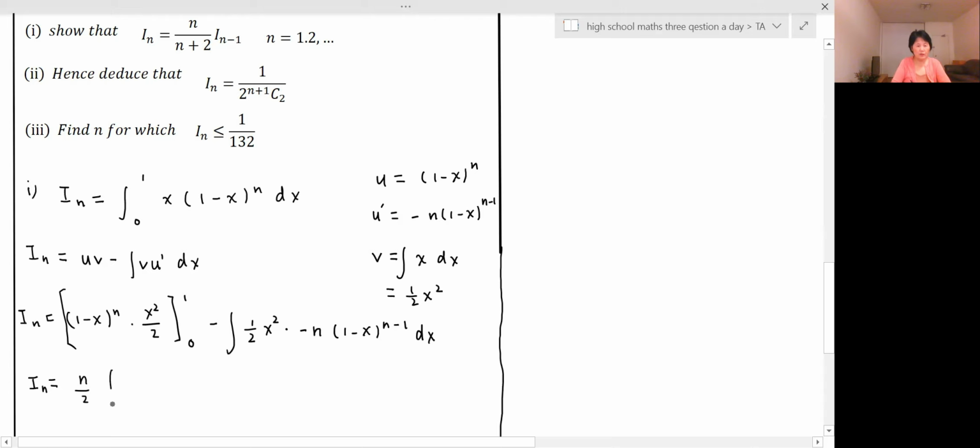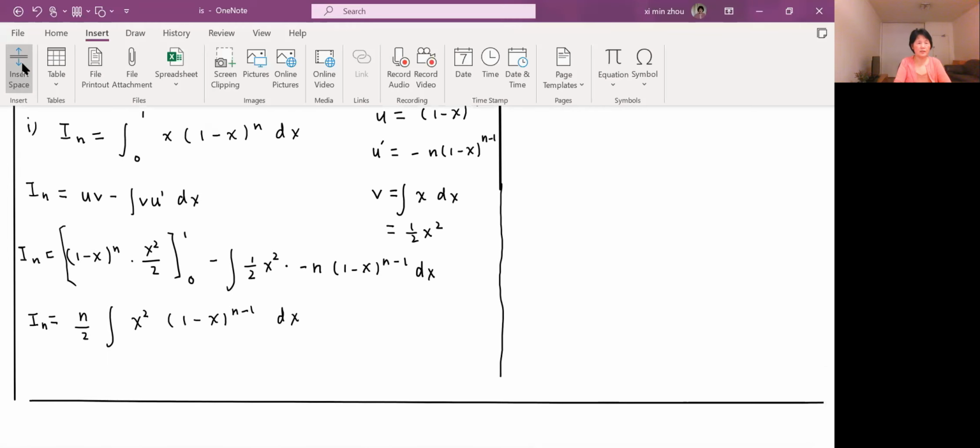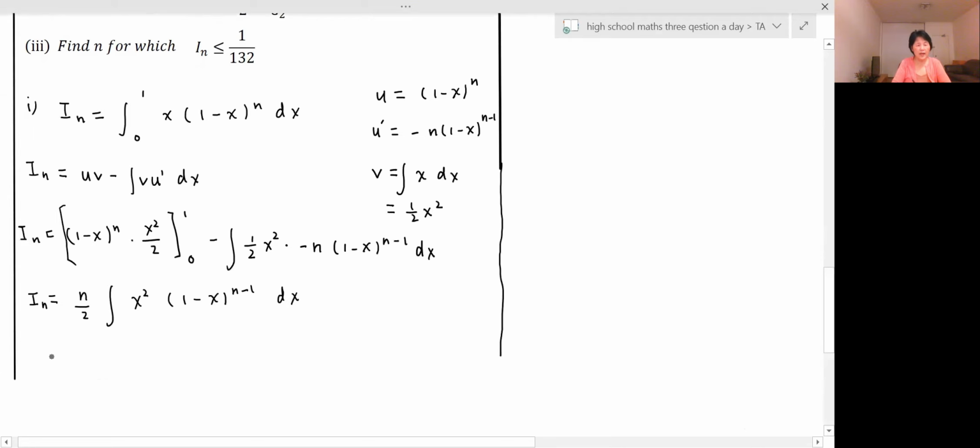So far I got the integral of x squared (1 - x)^(n-1). Okay, so now I_n then equals n on 2.